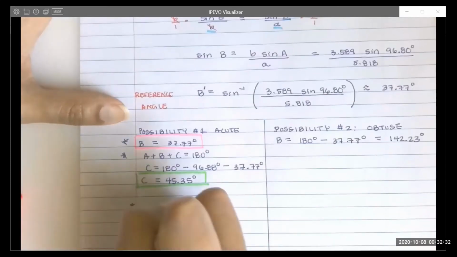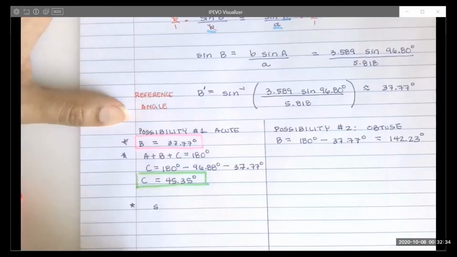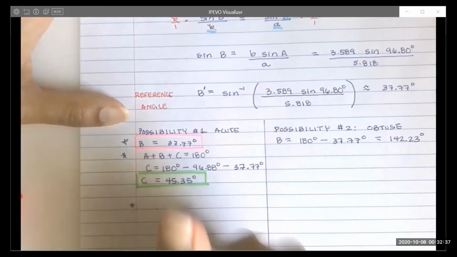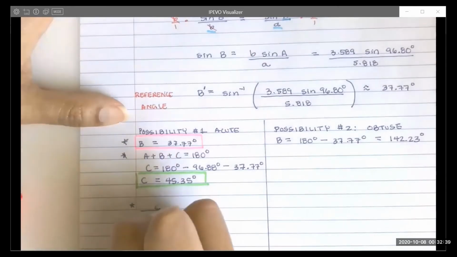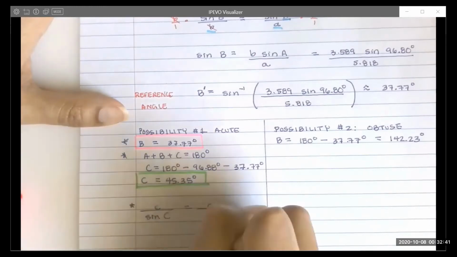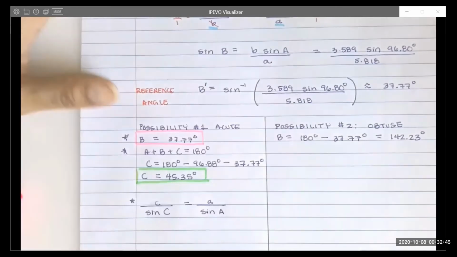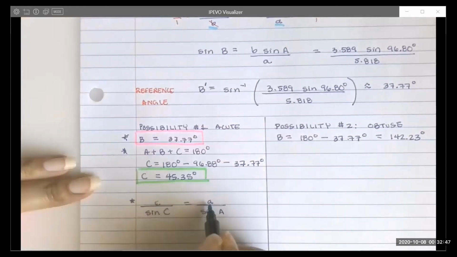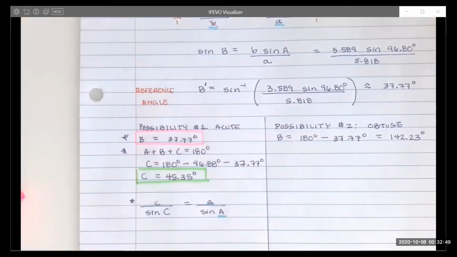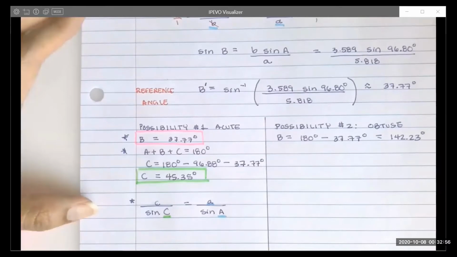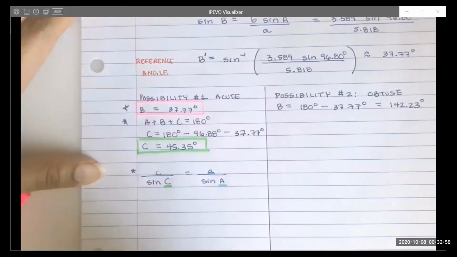We can write C over sine of angle C is equal to A over sine of angle A. Because we know A, both the side and the angle, and we just found out what is angle C. So we can plug that information in.